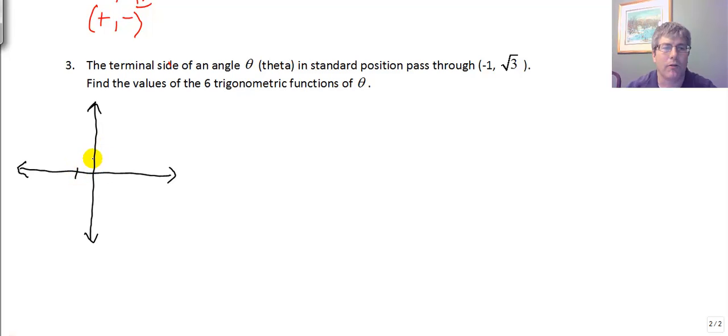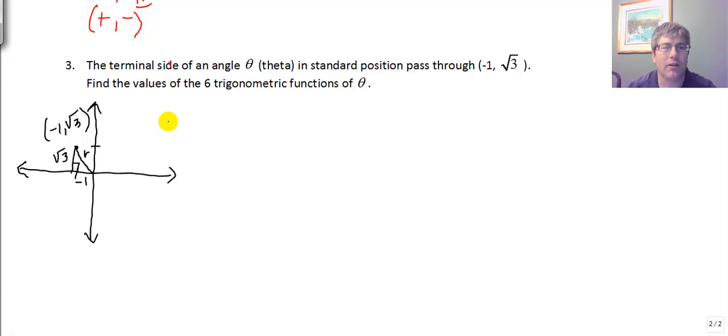So square root of 3 is a little bit less than 2, so our point's going to be up here, -1, radical 3. So I want to draw r and finish our right triangle. So we are square root of 3 high. We're -1 along the x-axis.